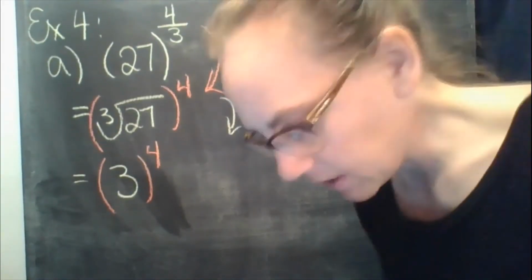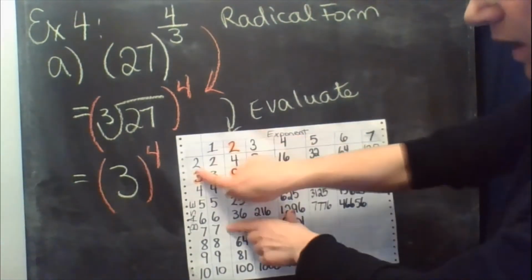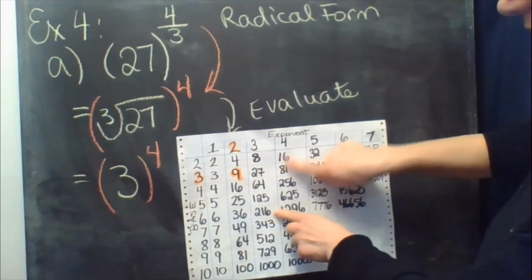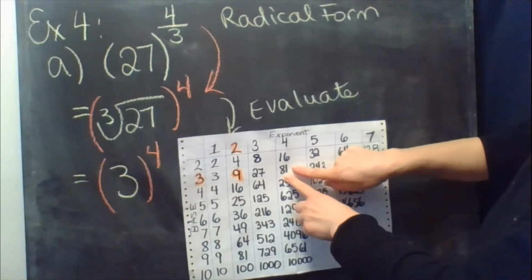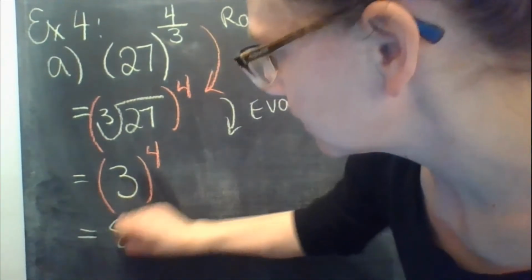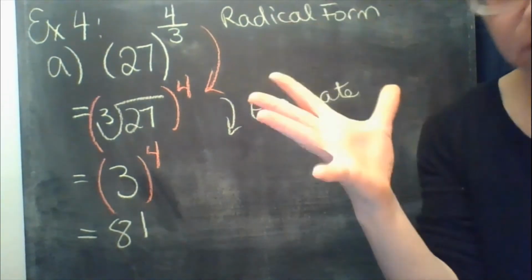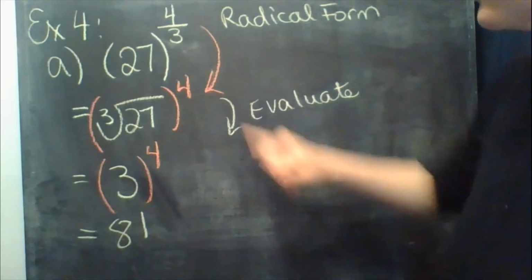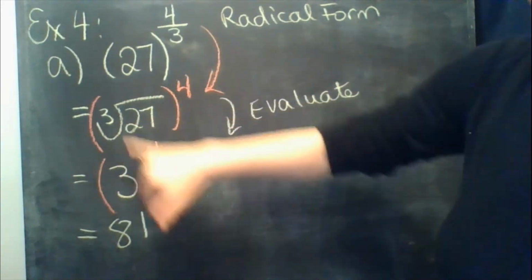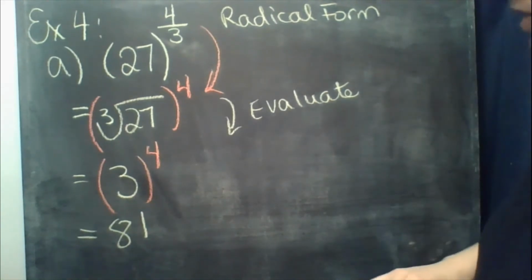And then 3 to the exponent 4, let's get out that handy dandy table again. 3 to the exponent 4 is 81. So there's my answer, 81. Ta-da! Okay, you don't have to do it in this order, you can do it in the other order, but then you're dealing with really big numbers, and that's a huge pain. So I generally do the root first. You don't have to. Okay, let's do another example.